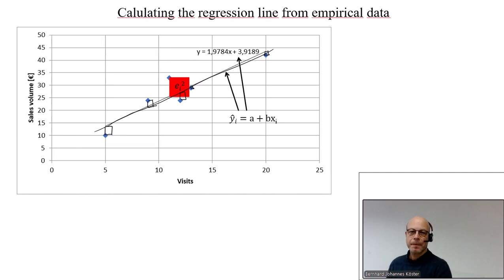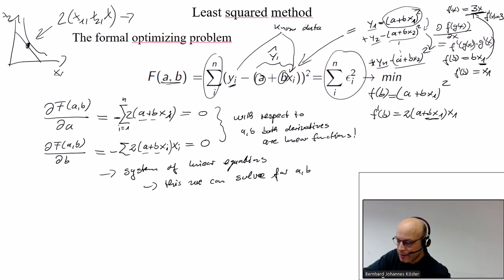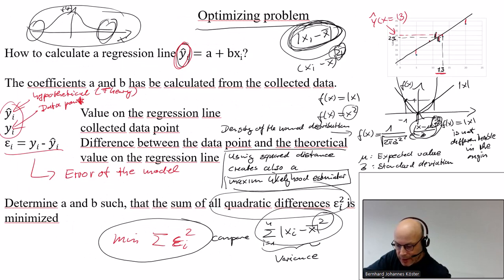Well, and then I gave you some motivation for why it is a good choice to use this condition of the sum of squared distances to be minimized, because we could also think about other reasonable conditions.